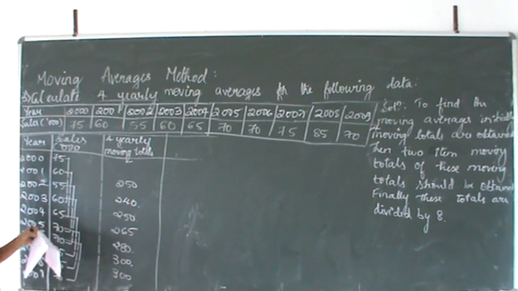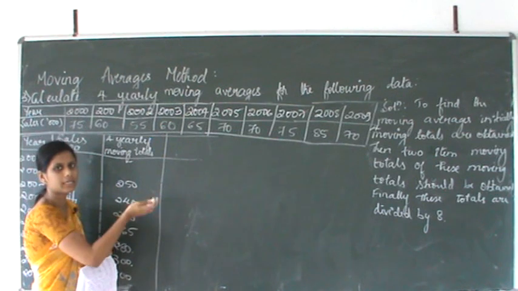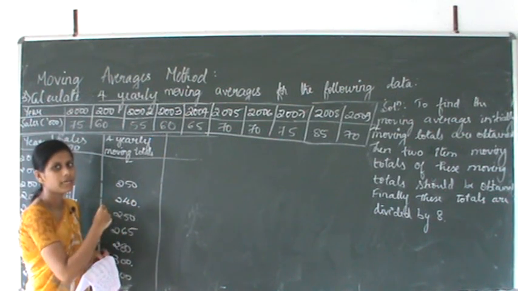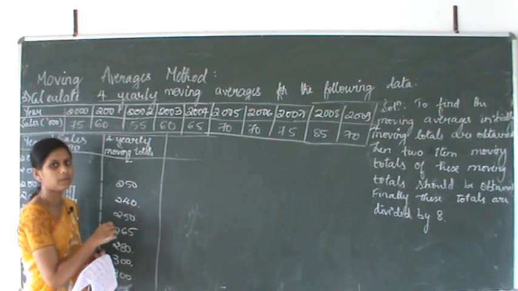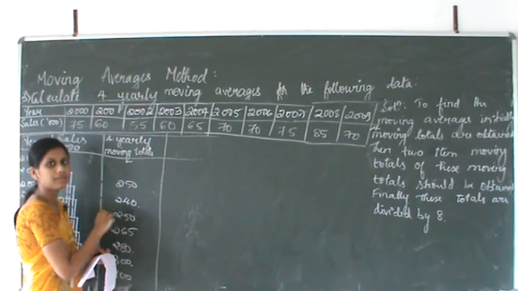Now, in the previous problems, after obtaining the totals we directly divided them by the number of years. But here, as it is an even number of years, first we are going to calculate 2 items total of the previous column.